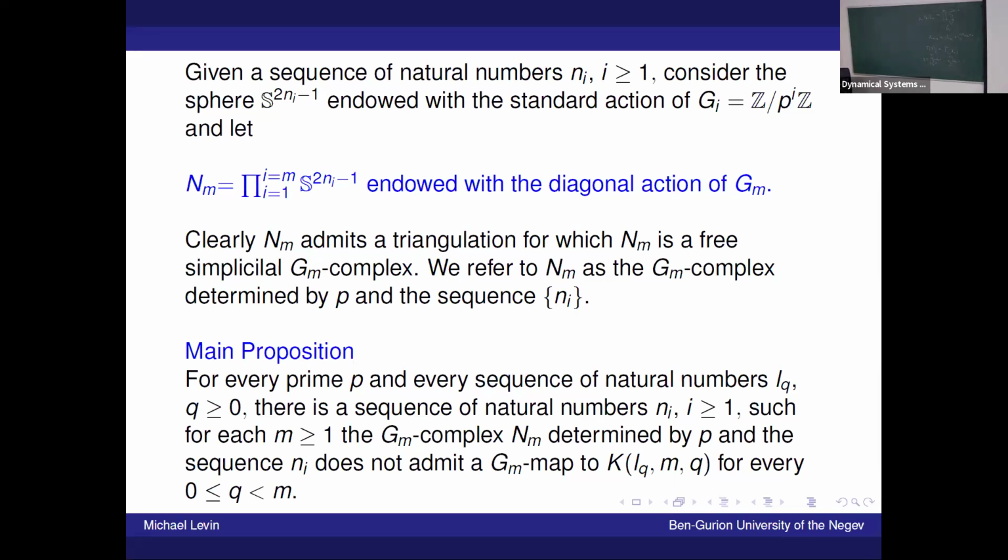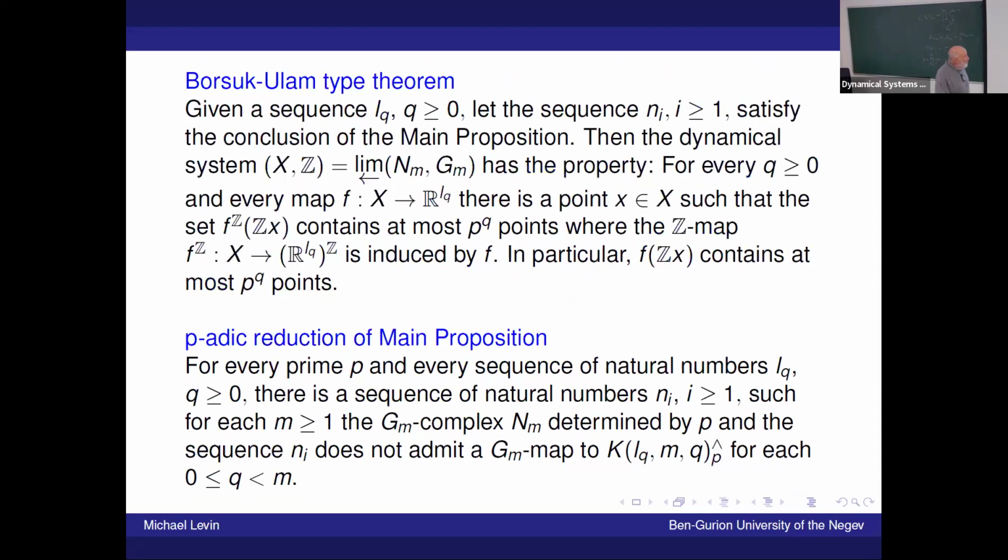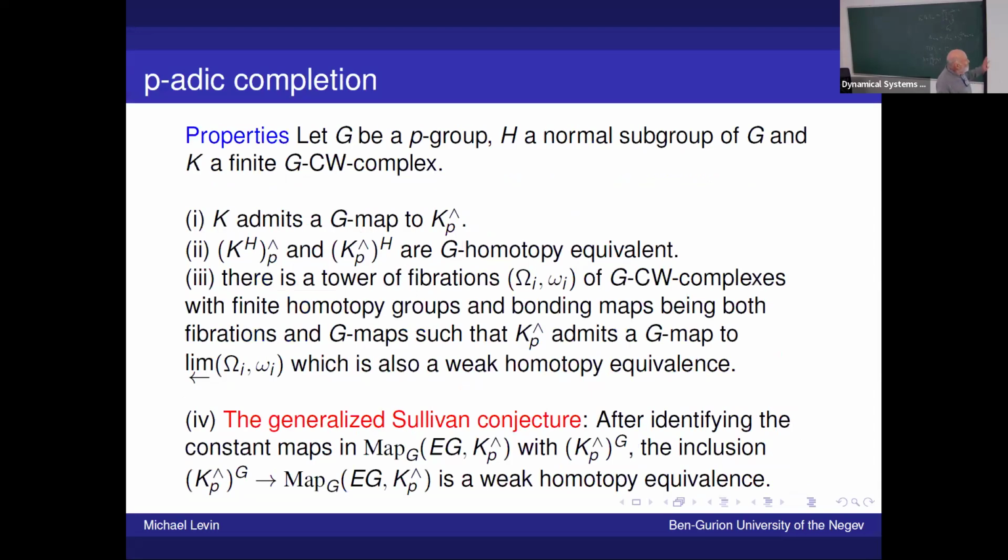We replace the space K N U M U by its K-theory completion. Here I will state a few properties, but before that I will say a few words about the K-theory completion. I just point out that this version is indeed stronger than the main proposition.